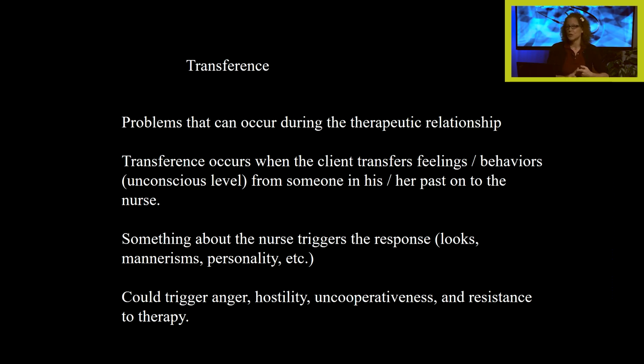It could be the way you look, it could be your hair color, your mannerisms, your personality, and it could trigger anger, hostility, uncooperativeness, and resistance to therapy. On the other hand, they might identify with you in a way that you remind them of someone, and they want to have a closeness with you that probably should not take place, okay? So we need to be able to identify when this is happening. And if it is, we want to talk to our nursing instructor, or we want to talk to our nurse manager or someone else to help us sort this out.